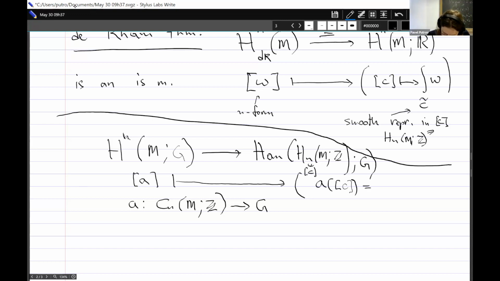And we say that it's equal to, sorry, I wrote it a bit. So this map is the following: C goes to A of C. So this is a defined element in this Hom.